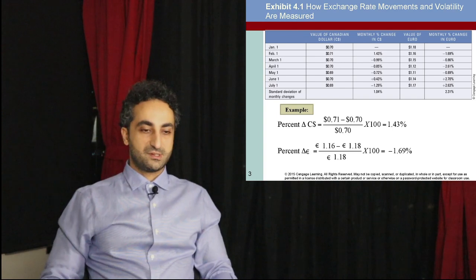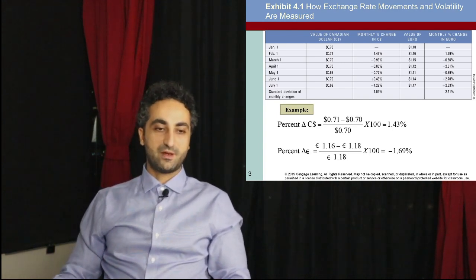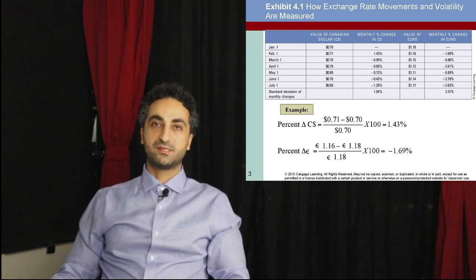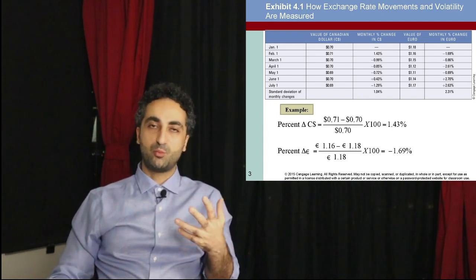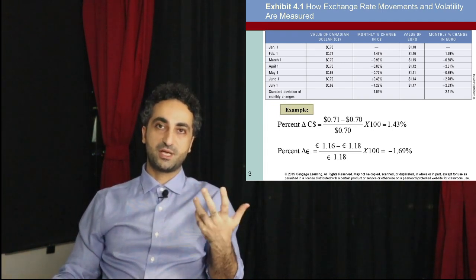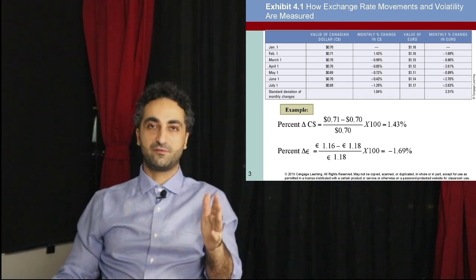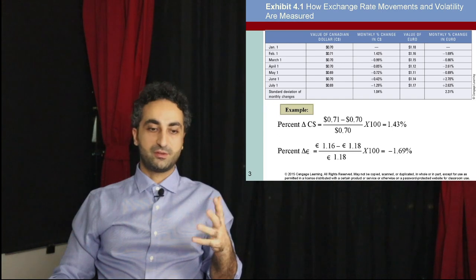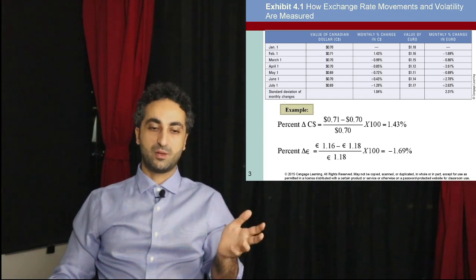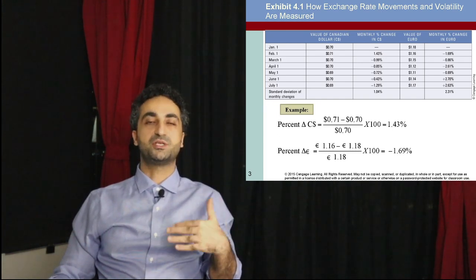So as you can see, in February, basically the Canadian dollar appreciated. How much did it appreciate? 1.43%. Okay, how about the euro? The answer was negative 1.69, depreciation.